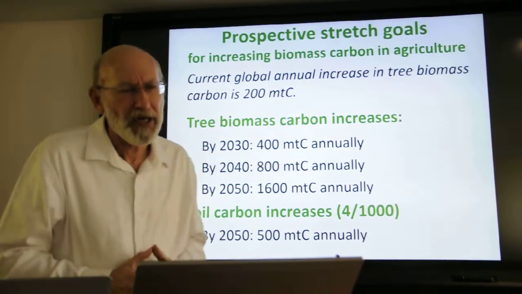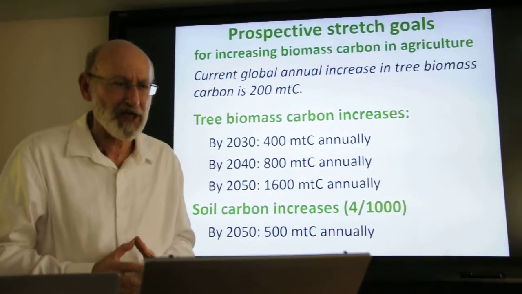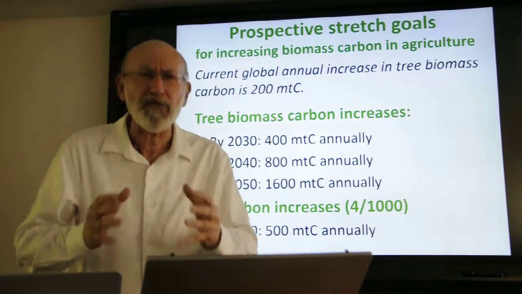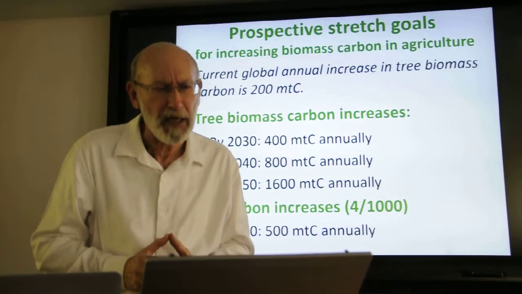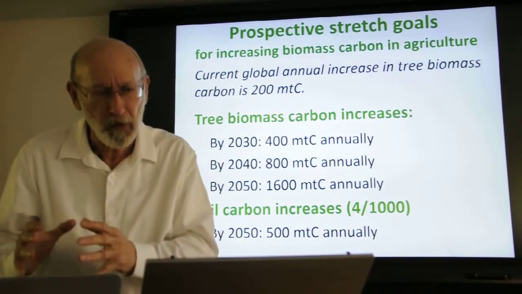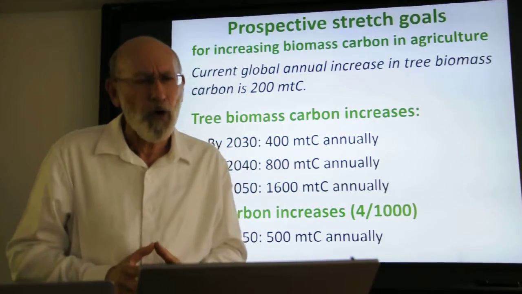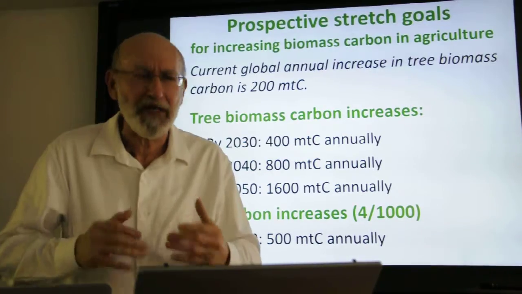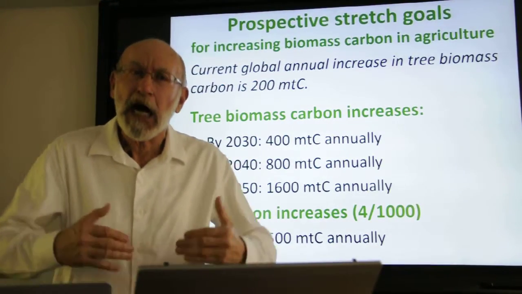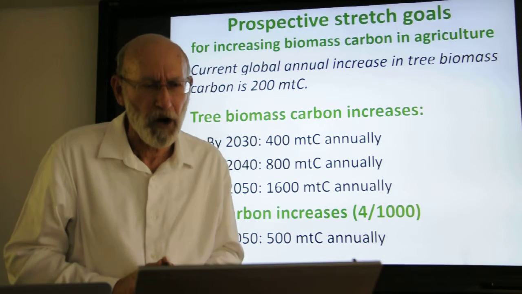Well, as I mentioned earlier, current global annual increase in tree biomass carbon is probably around 200 million tons of carbon globally on an annual basis. We might do a stretch goal that looks at tree biomass carbon increases by 2030 of doubling that up to 400 metric tons of carbon annually.